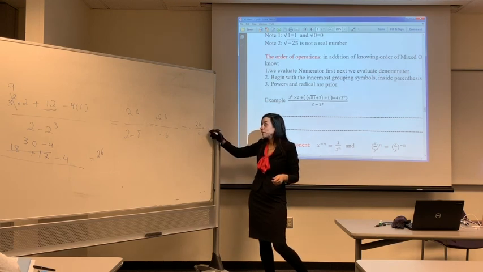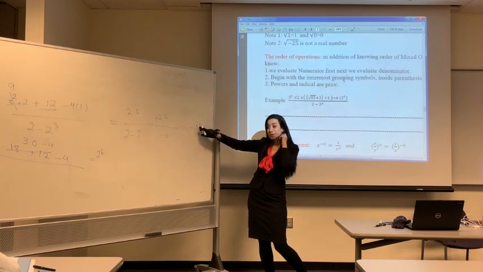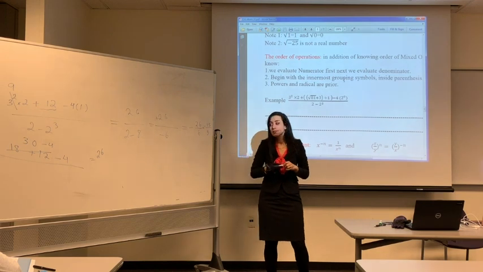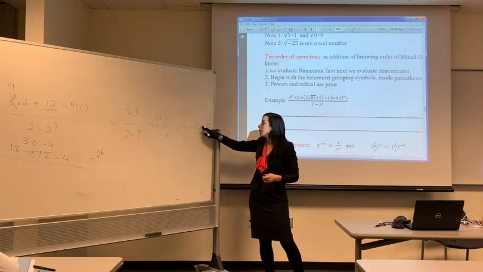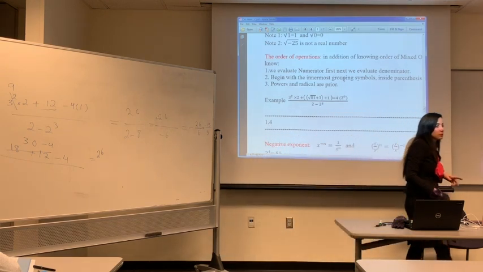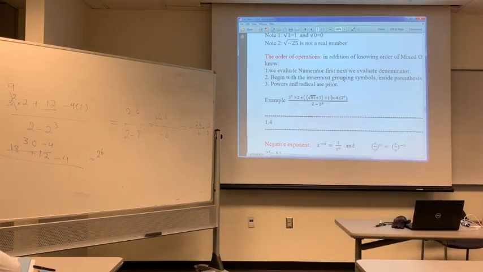Divide 26 by 2, we have 13, and divide 6 by 2, we have 3. Because 13 is prime, we cannot divide 13 by anything else. So it will just be -13 over 3. Always simplify at the end.